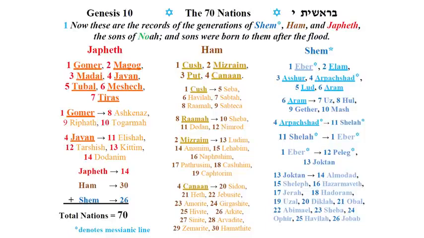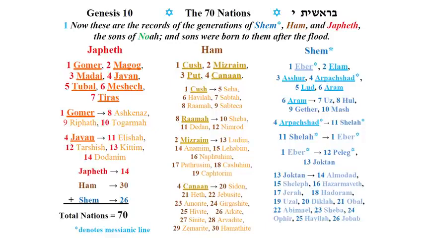Looking under Japheth. Magog. Magog is part of Russia. The Caucasus maybe. Okay. That area. What's another one here? And if you go under Shem, these are the ones that lead to Abraham.